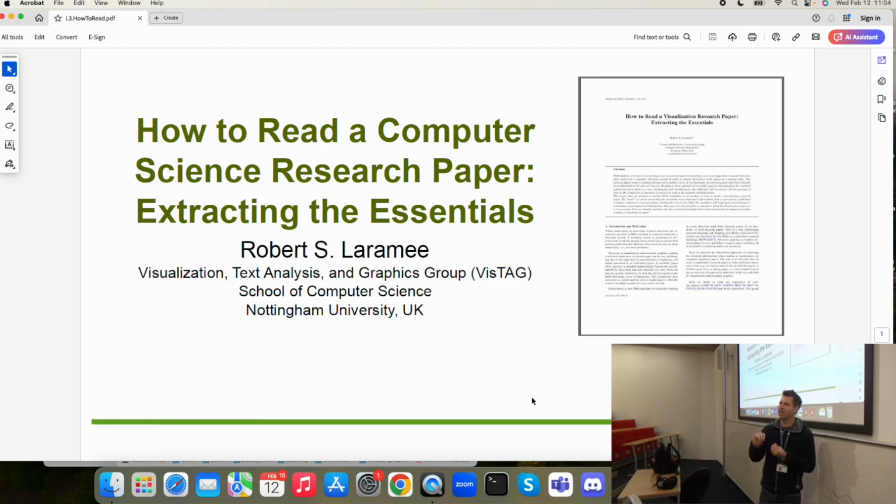What is the essential information that I need to look for and focus on when I read a research paper? Because not all information is of the same importance. That's the basic principle behind this. Different information has different levels of importance, and that's one of the messages here.